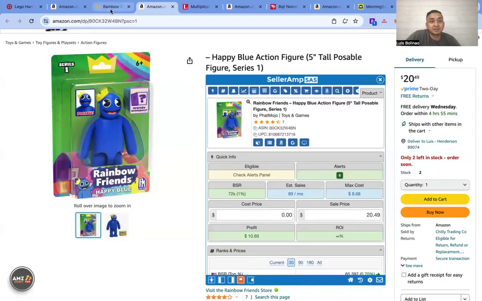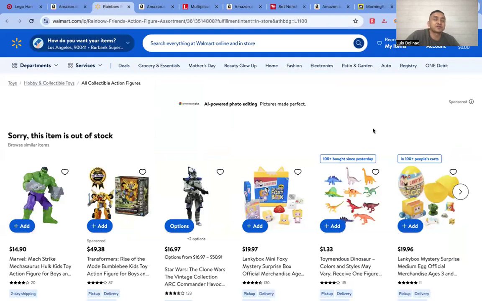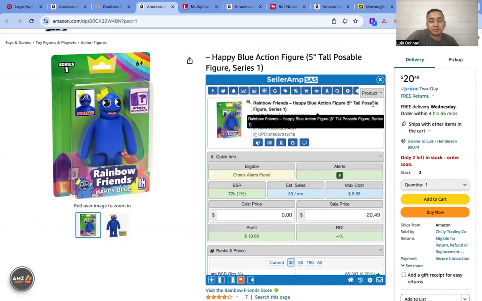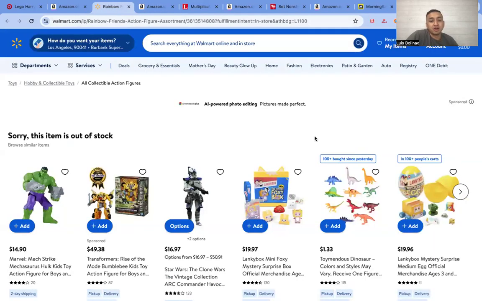So this one's out of stock. For out of stock products, I usually make a list of out of stock products, and then I check them every few days, because if it's out of stock, it's likely to be a hot seller. You know, because it's out of stock, right? Meaning there's a lot of demand. People like the product. So chances are if it's out of stock, it's a high demand product.